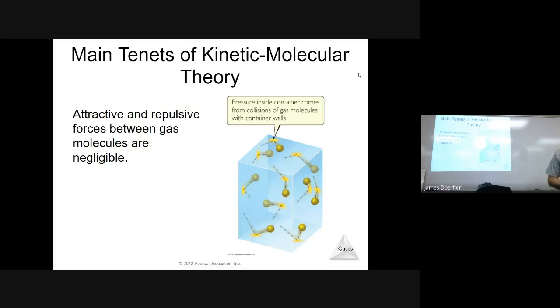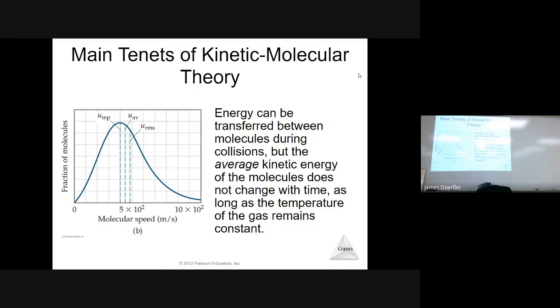Within a gas, attractive and repulsive forces between the molecules are negligible, again, because of that large distance between the molecules themselves. They don't have a whole lot of interactions. Now, energy. This is something that we're not going to be able to get into this year, talking about calculating speed of certain molecules.